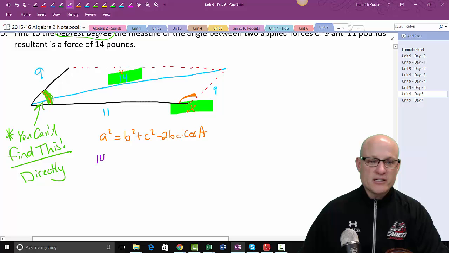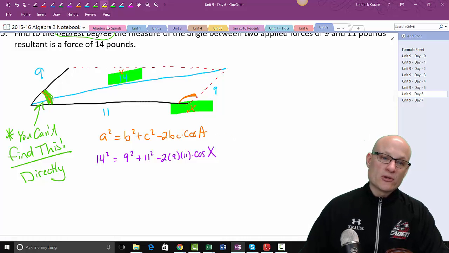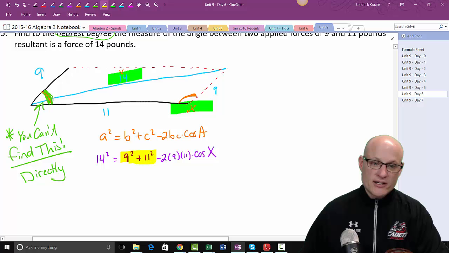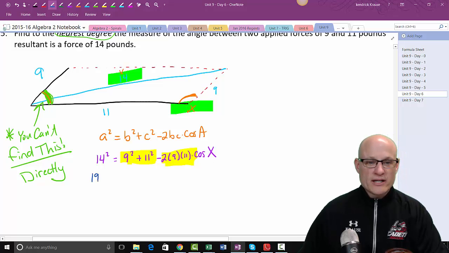So 14 squared is equal to 9 squared plus 11 squared minus 2 times 9 times 11 times the cosine of x. Now, just going to remind you, we're looking for an angle. This gets done independently of this. Don't do it together.